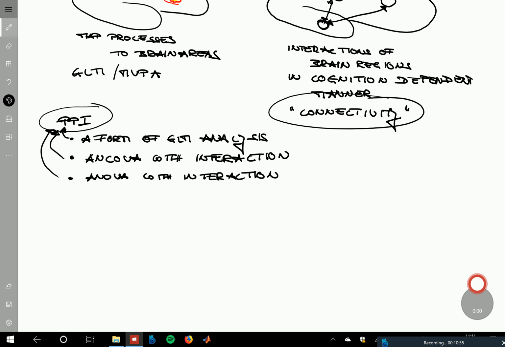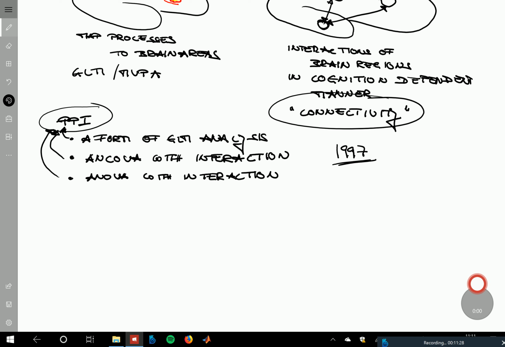If you read the original PPI paper by Karl Friston from 1997, so this is also quite old, not quite old, but relatively old, it's really difficult to understand this paper, essentially because it doesn't really make the connection to ANCOVA that explicit, and it's a little bit mysterious, this paper, like many of Karl's papers.